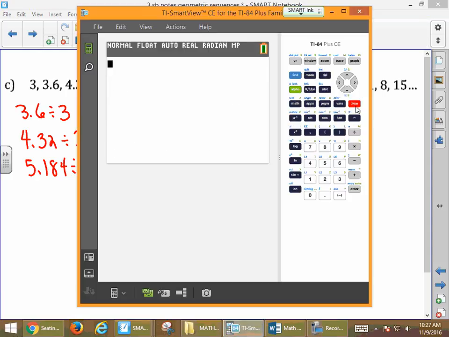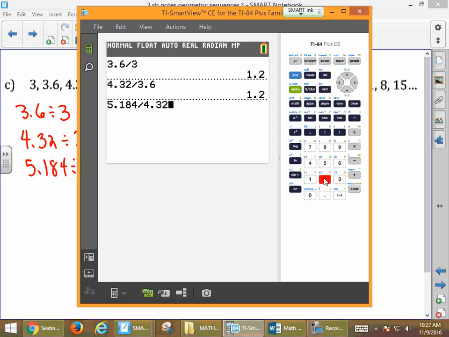So 3.6 divided by 3 gives us 1.2. 4.32 divided by 3.6 gives us 1.2. So let's try 5.184 divided by 4.32, which gives us 1.2.